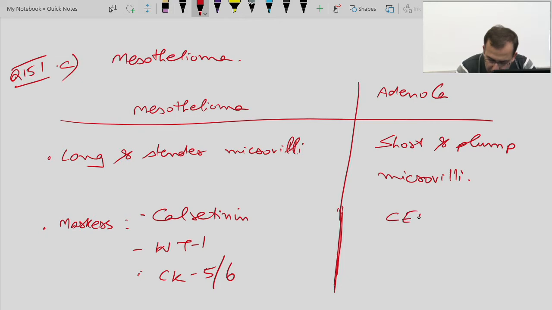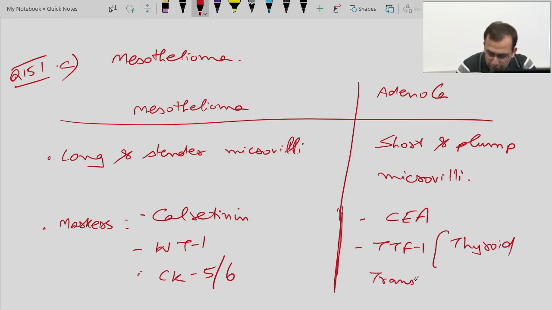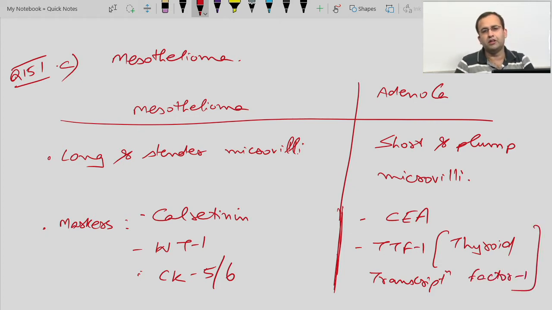Versus adenocarcinomas, which are CEA, carcinoembryonic antigen, and TTF1, that is thyroid transcription factor 1 positive. This table is important. This is mesothelioma versus adenocarcinomas.